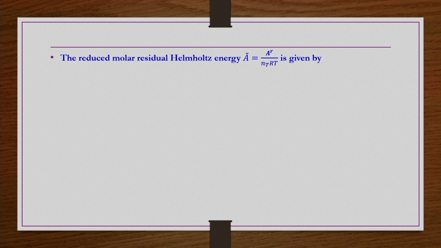Now, if someone wanted to write an expression for fugacity in terms of Helmholtz energy, then the reduced molar residual Helmholtz energy A tilde can be written as AR. AR stands for reduced Helmholtz energy, which is nothing but the Helmholtz energy at realistic conditions minus the Helmholtz energy at ideal conditions.